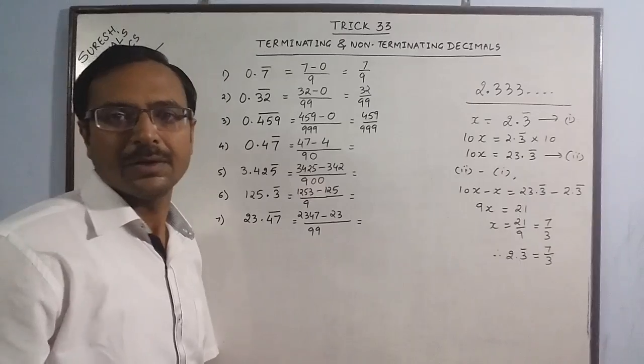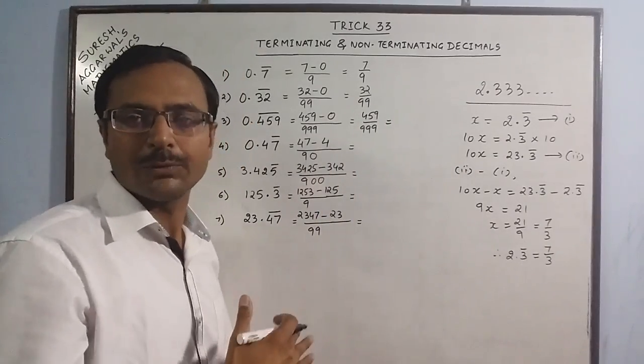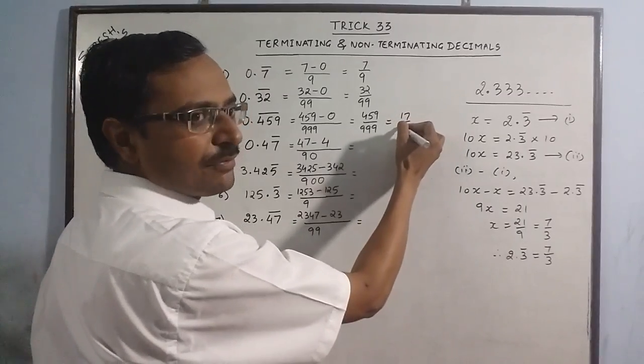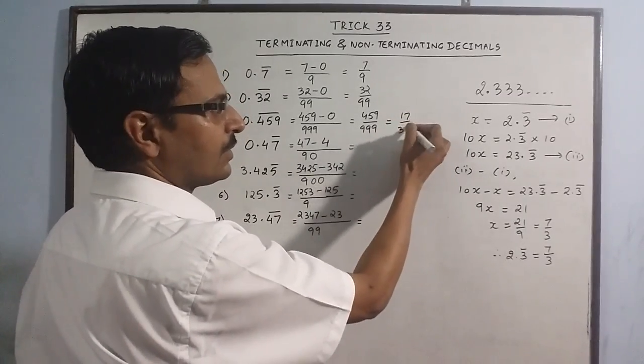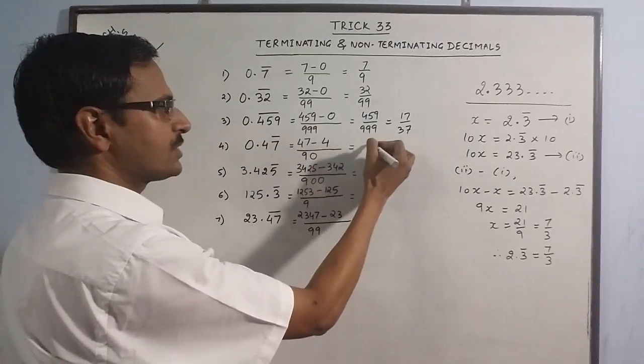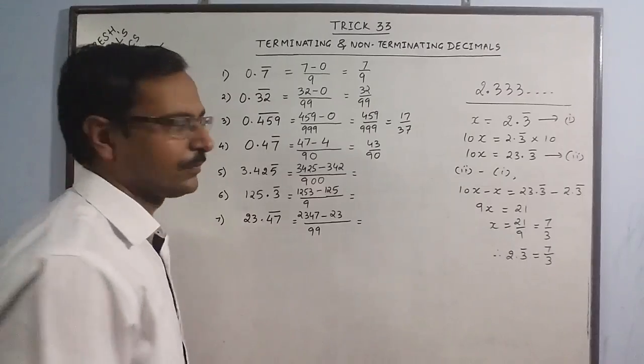Here we can cancel. If you find the lowest form of this, I have already found it for you, so you can check it. This is 17 over 37, the lowest form of this. Then here it becomes 47 minus 4, 43 upon 90, which is already in the lowest form.